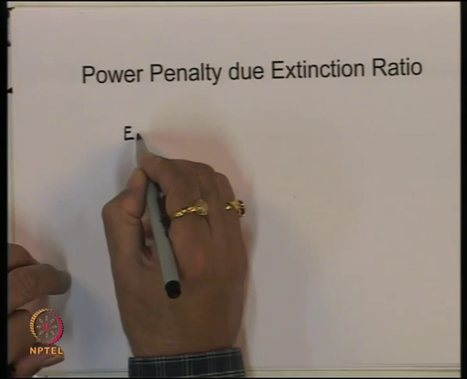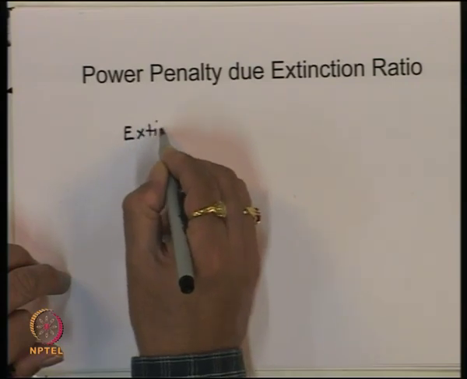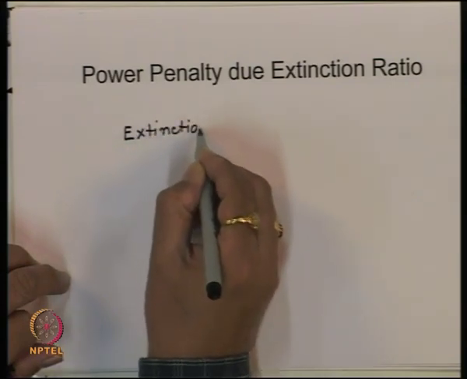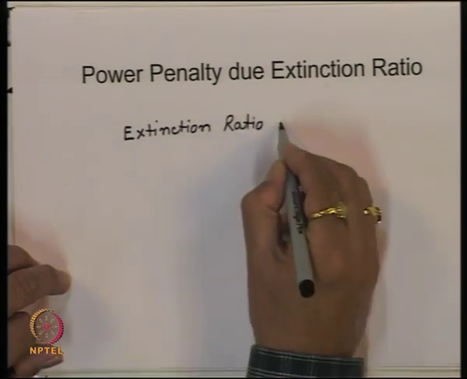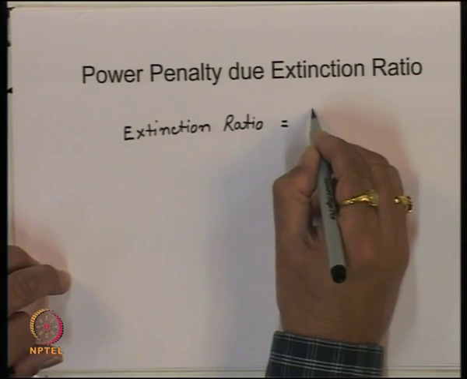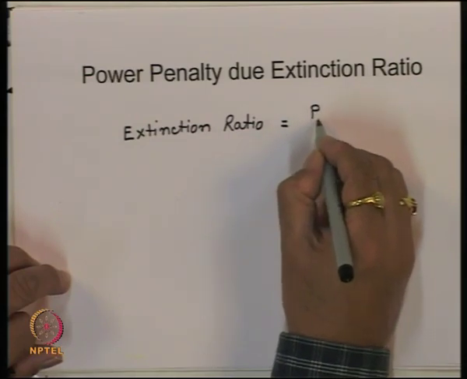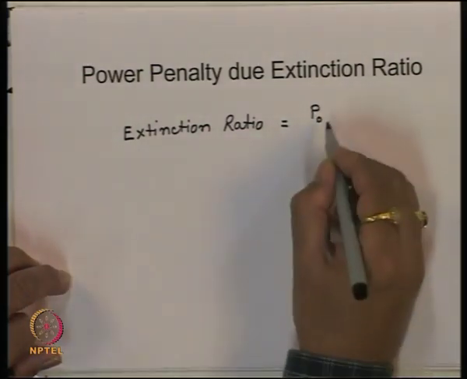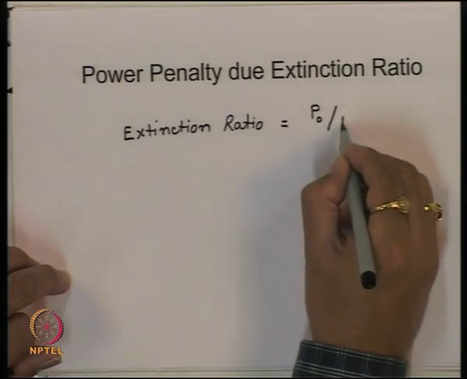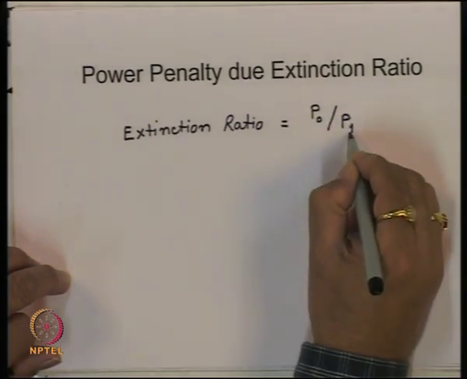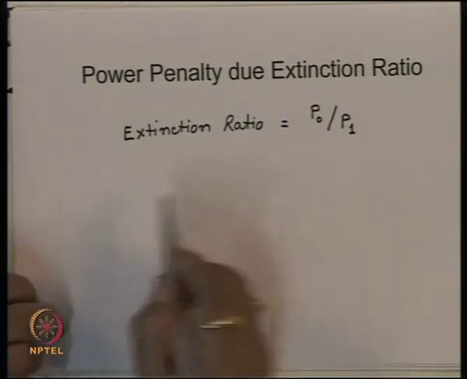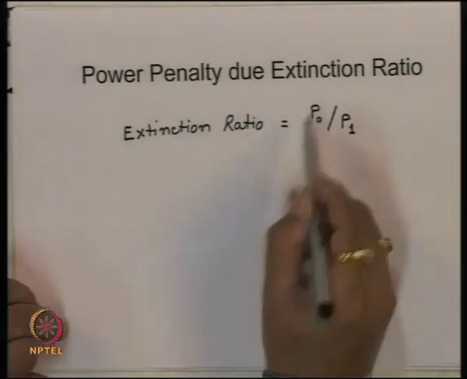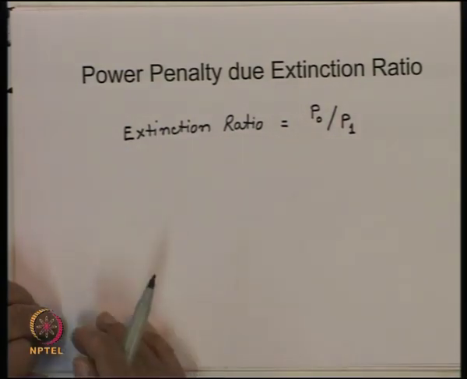So, we have a parameter called extinction ratio, which is the power received by the receiver corresponding to 0 data level divided by the power received by the receiver corresponding to the 1 data level. In ideal situation, this quantity P0 is 0, so the extinction ratio is 0.